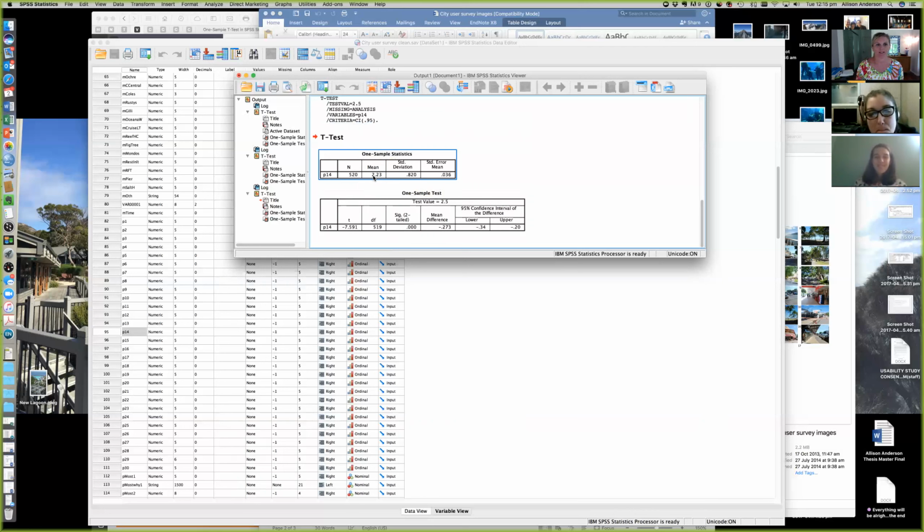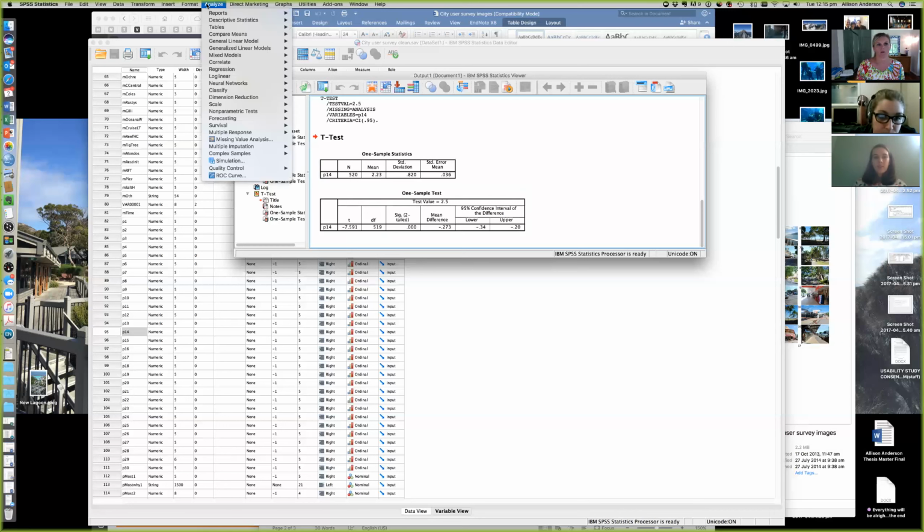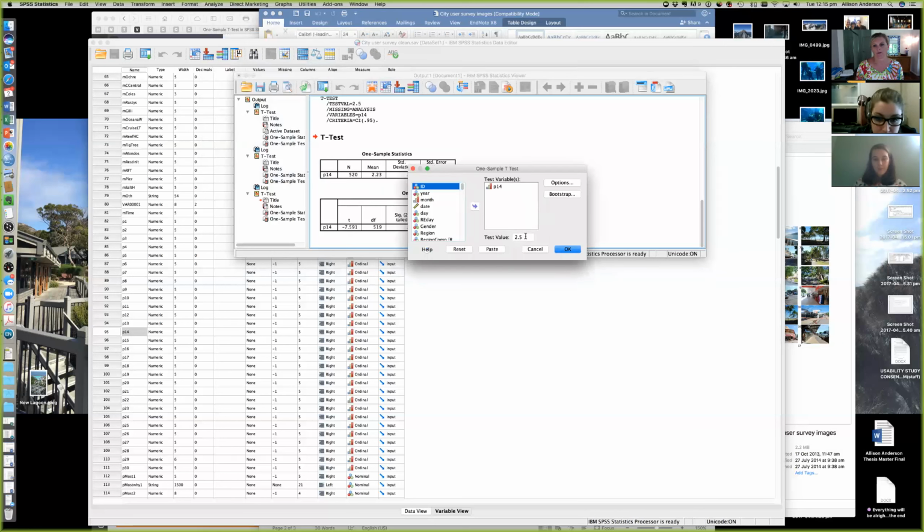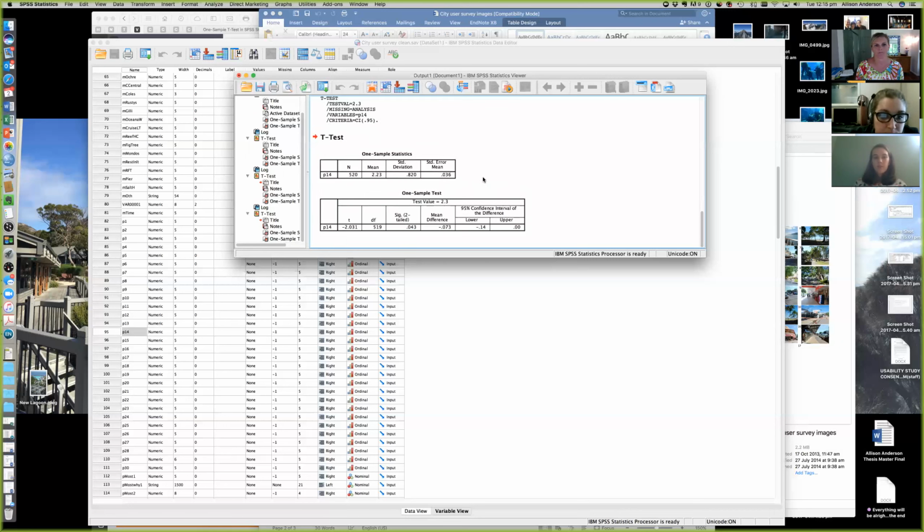Now I can do this again. Now I know it's 2.23, I wonder if 2.3 would be close enough. All right, so this is different.